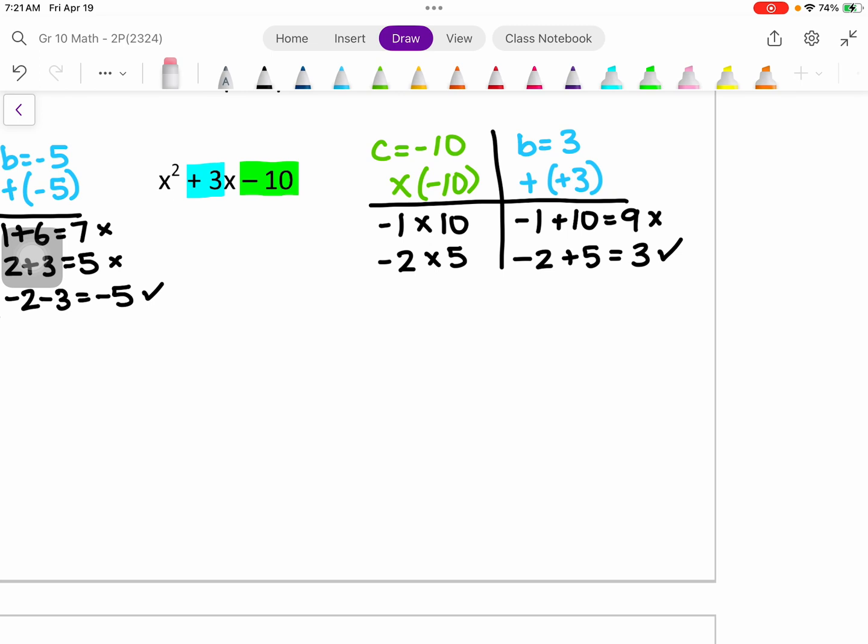And those are my two numbers, so -2 and a +5. So this trinomial is equal to x minus 2 and x plus 5.